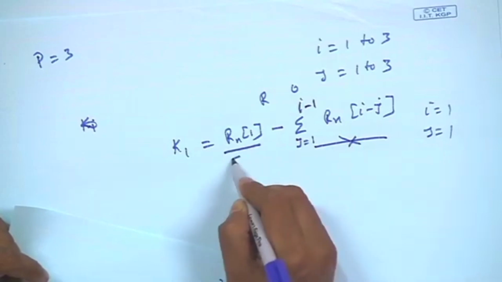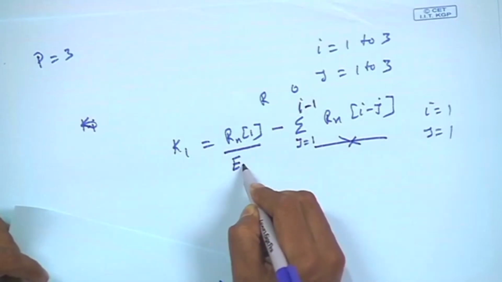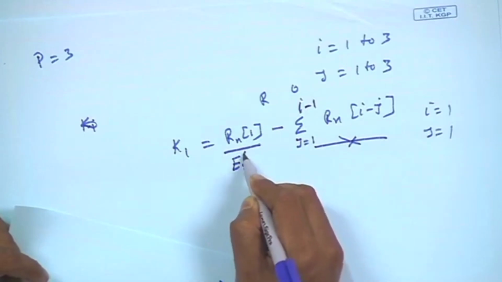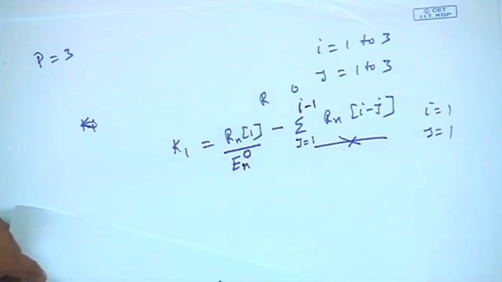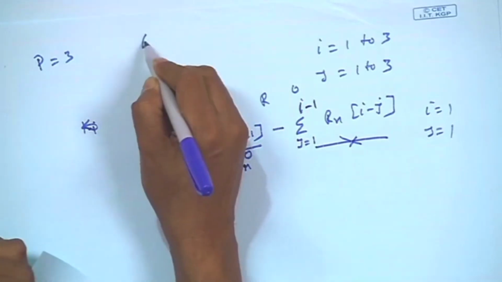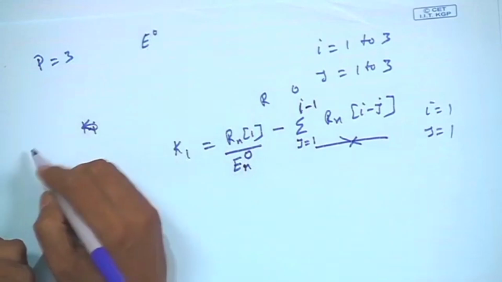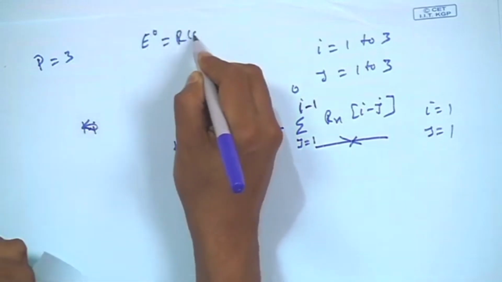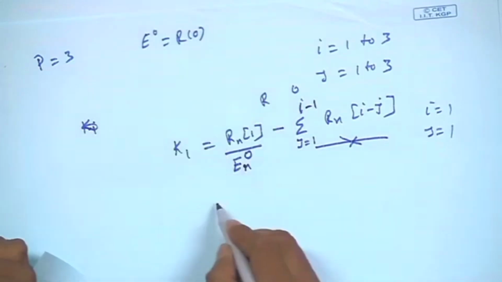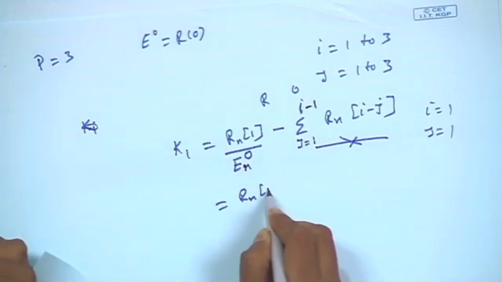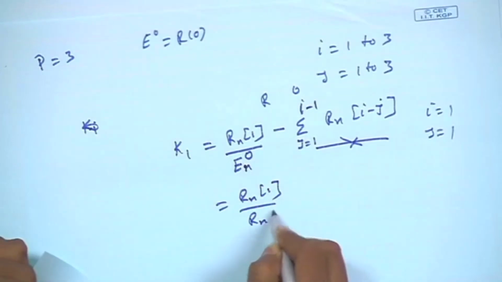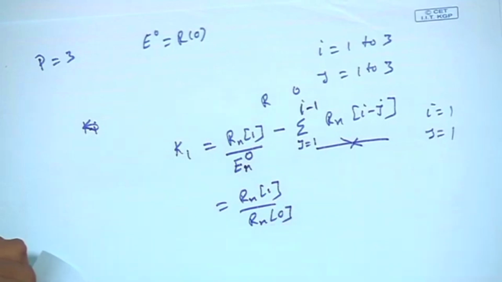So, this is R n 1 divided by E n I minus 1, which is E 0. What is E 0? It is the energy, which is nothing but R 0. So, I can say R n 1 divided by R n 0.